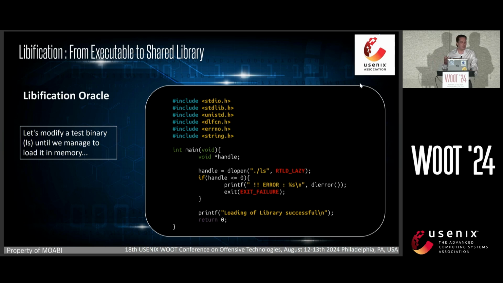Think of it as a plugin. We look at whether that worked. If it worked, we do have a valid shared library. If it doesn't, let's look at the error reported by the dynamic linker through dlerror and try to modify the executable further until it gets accepted.